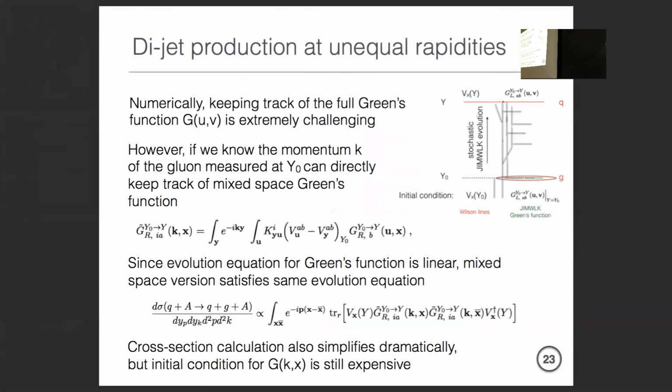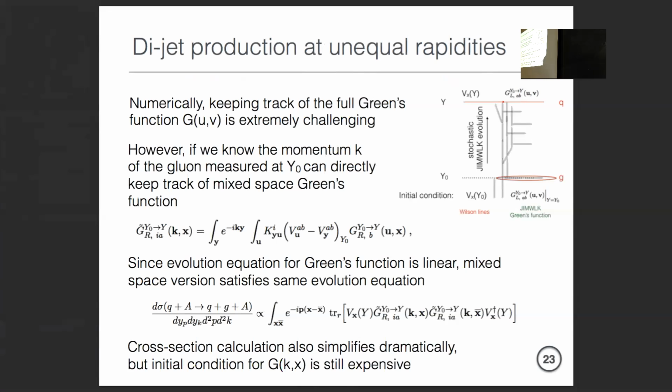So it took me some time to realize, but what really makes it possible to evaluate this is that when you start with evolution down here, you can already specify the momentum of the gluon that you measure at the end of the day. Instead of keeping track of some bilocal object, which tells you to measure gluons at each point in space and time, you say I measure a gluon with a certain momentum, and you have to deal with a much smaller object.